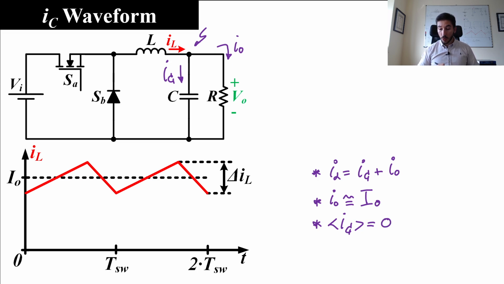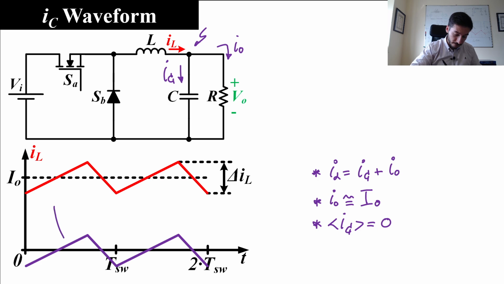Well, so if you think about these 3 points, you can conclude that the current through the capacitor is something like this. Basically, what we have is a pure AC current. If you see, the inductor current has a DC component and an AC component.